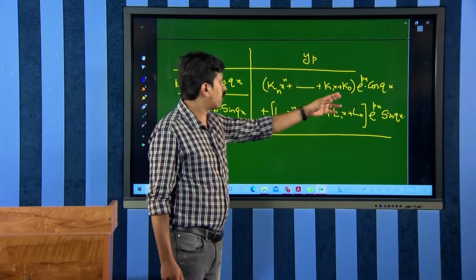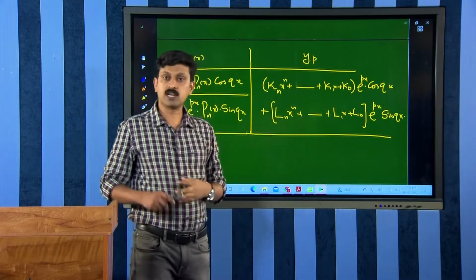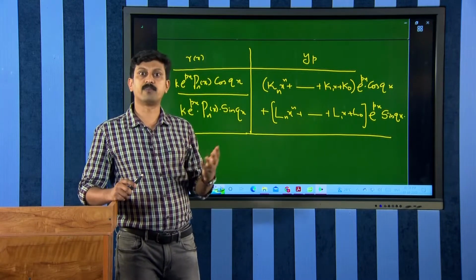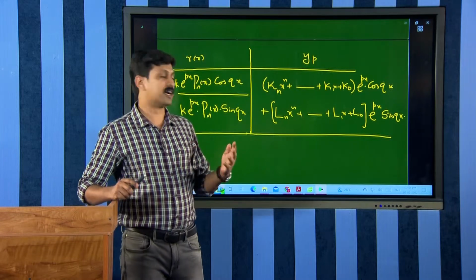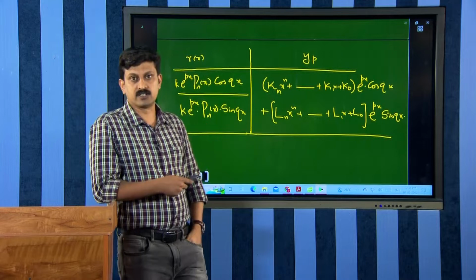Here k naught, k1, etc., kn, L naught, L1, etc., ln are constants that we need to determine by applying yp, yp dash and yp double dash in the original non-homogeneous differential equation 1.